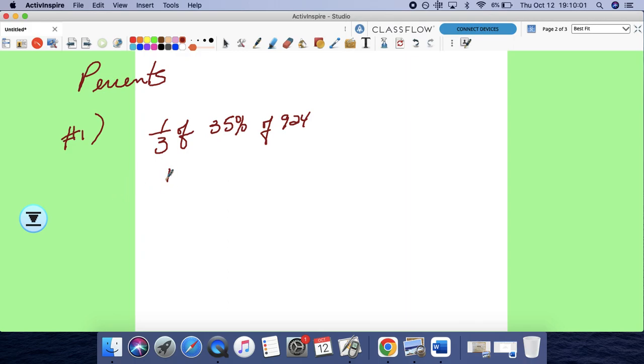So I'm going to change this to 1/3 times 0.35 times 924. Can I simplify? Well, you can change this, or even better, change it to 35/100 times 924. Can we simplify a few things? 9 and 6 is 15, so it's definitely divisible by 3, right? So this is going to be 308.